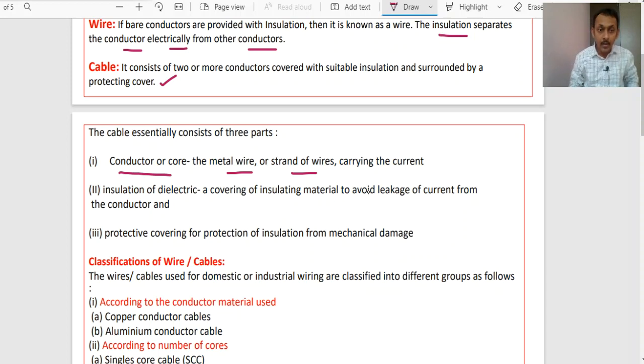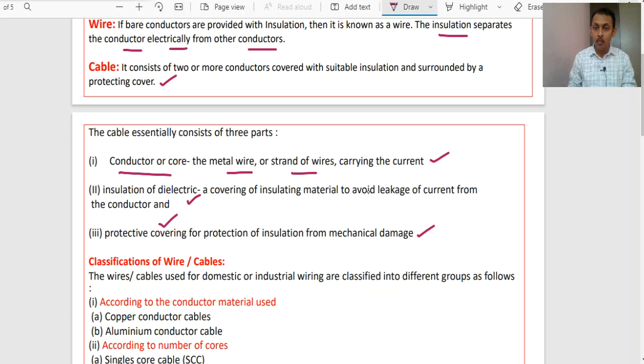Another essential part of the cable is the insulation, or dielectric material, and the third component is the protective covering for the protection of the insulation from mechanical damage. So the innermost part, that is the core, has its purpose of carrying the current, and on the core there will be the insulating material.